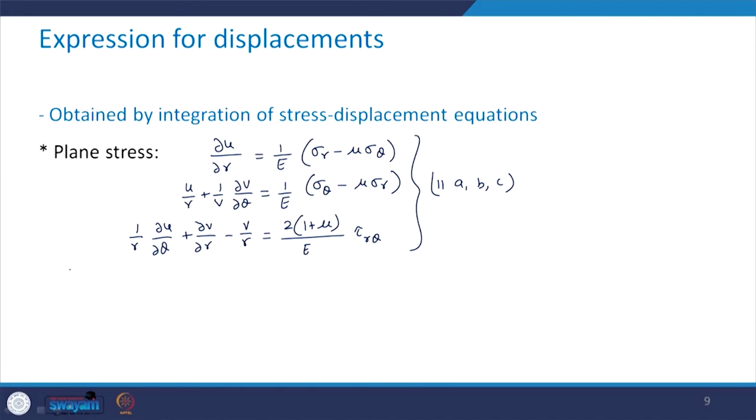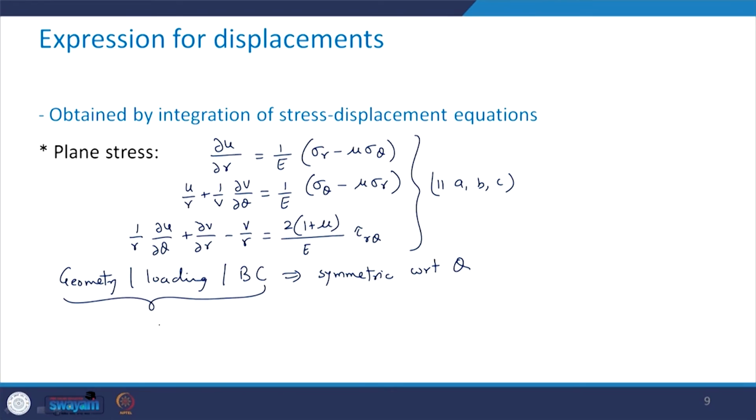Since the geometry, loading and boundary conditions are all symmetric with respect to theta, when we have the symmetry with respect to all the three situations, this is what we call the complete symmetry.